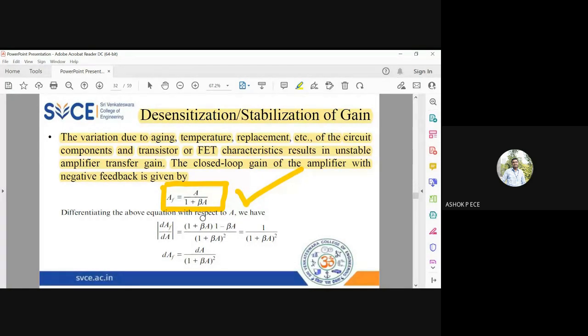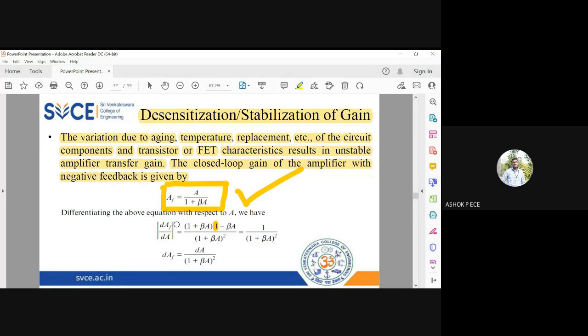So see here, (1 plus beta A) into the differentiation of A, which is 1, minus A into the differentiation of (1 plus beta A), which is beta. So V U dash minus U V dash by V square: (1 plus beta A) into 1 minus A beta, by (1 plus beta A) the whole square.